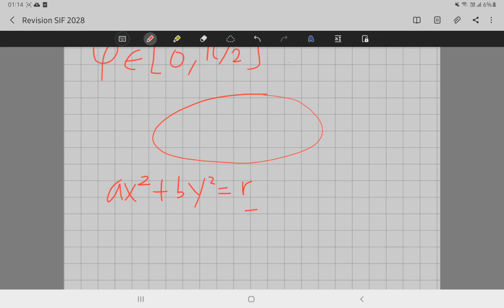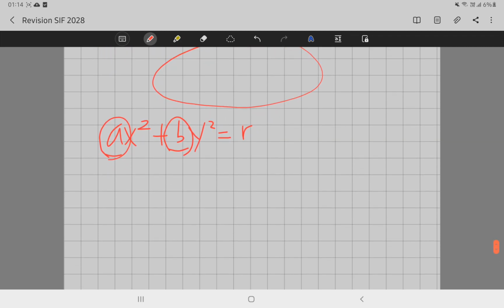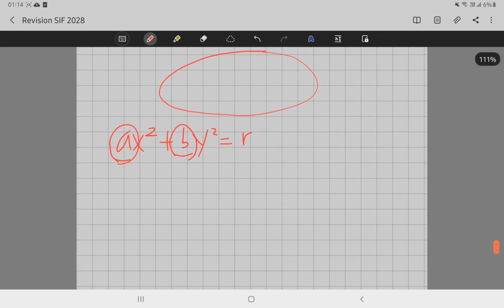Okay, this is the circle equation, so it's a little bit different from the ellipse equation. A and b are the constants that differ between a circle and an ellipse. The use of it is that we can find the perimeter of this ellipse.